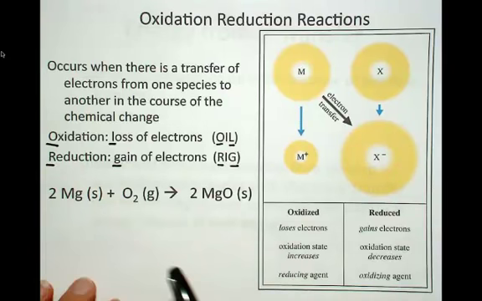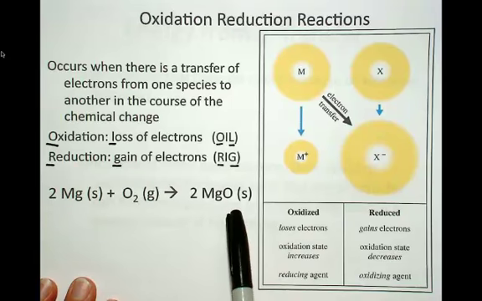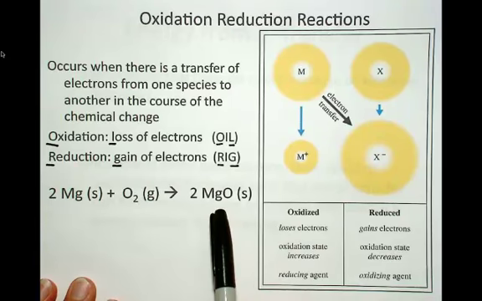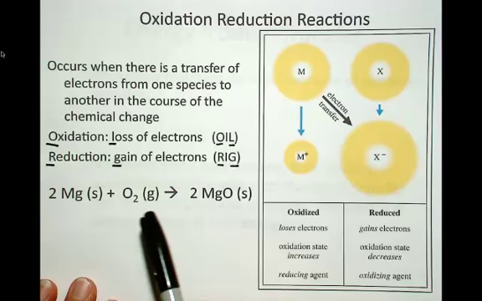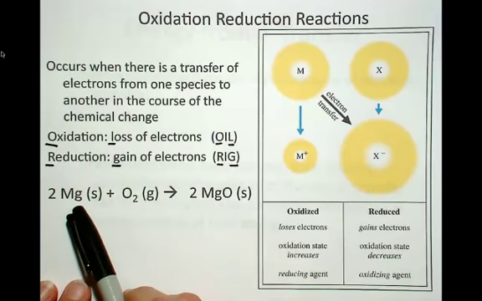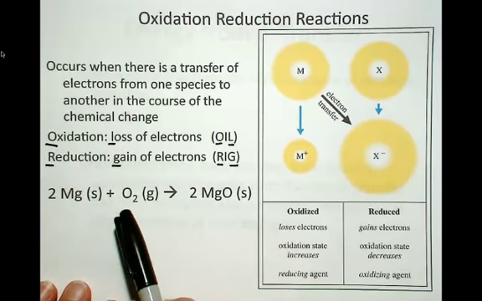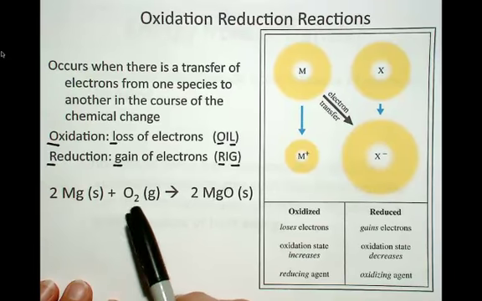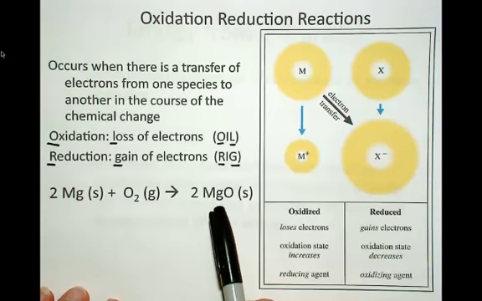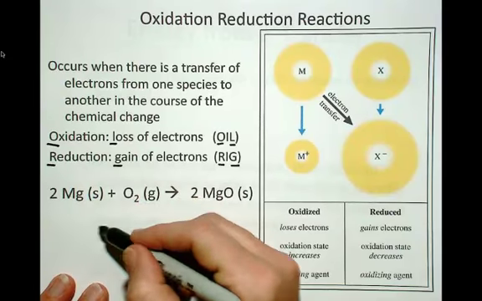So now looking at this reaction, it's easy to see. I could say, oh yes, I can identify this as an oxidation reduction reaction because I know that originally the magnesium starts off with no charge. It's a neutral atom. The oxygen, neutral elemental molecule, starts off with no charge. But in the end, I end up with this compound, and I know because this is in group 2 that it's going to form a cation with a +2 charge.